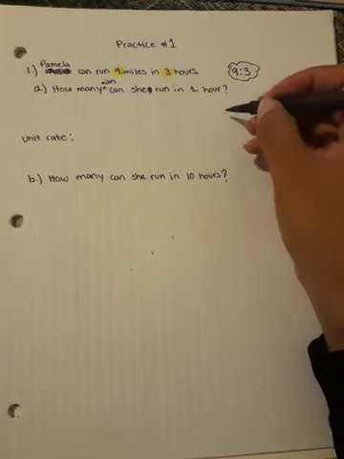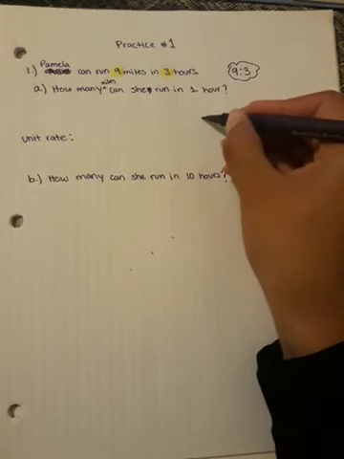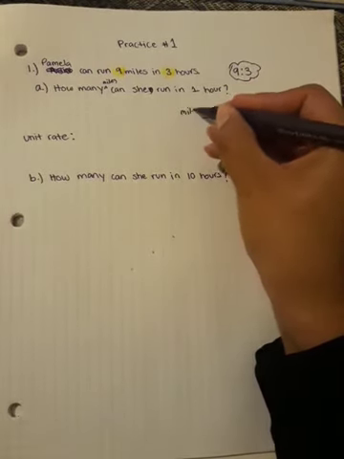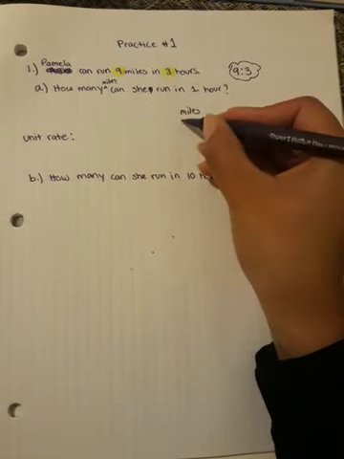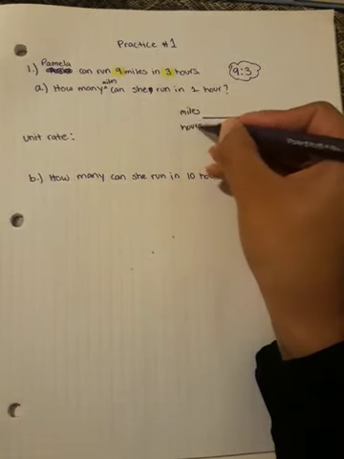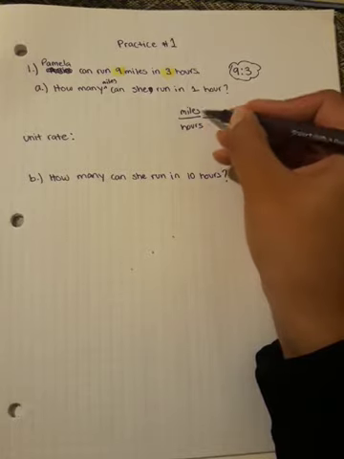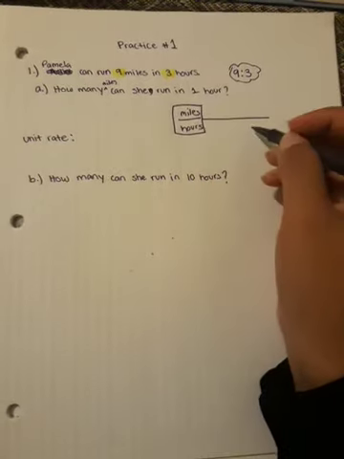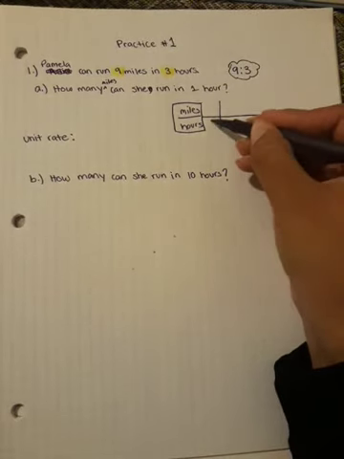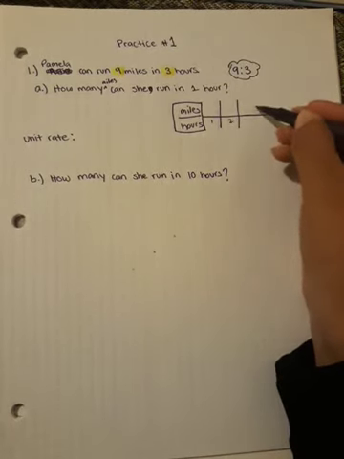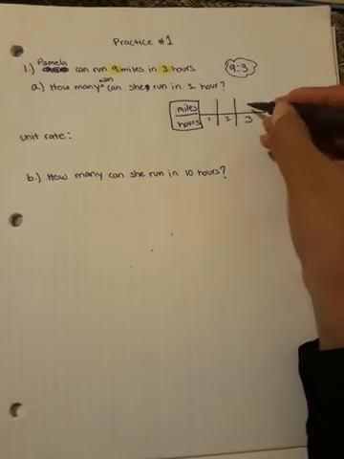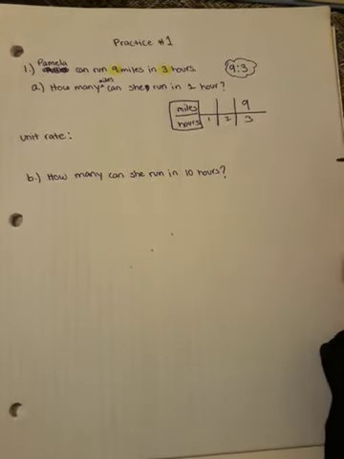Let's say I have a table, this is the miles and this is the hours. Right? And I have my table. I know that for 3 hours, Pamela can run 9 miles.